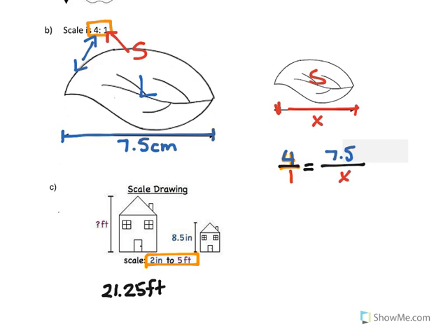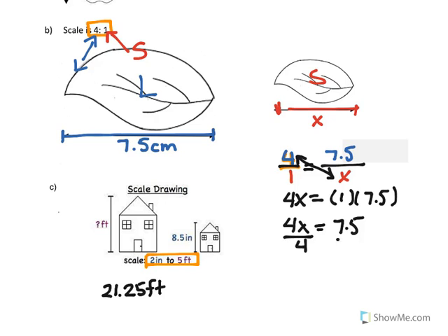Okay, now we're going to cross multiply. So 4 times x diagonally is 4x. Remember to put an equal sign, and then 1 times 7.5. And our next step is we're actually going to multiply those. So 1 times 7.5 is just 7.5. Now the last step is get rid of that 4 by doing a division.